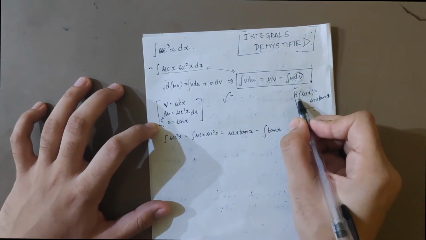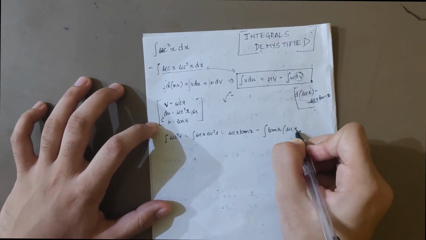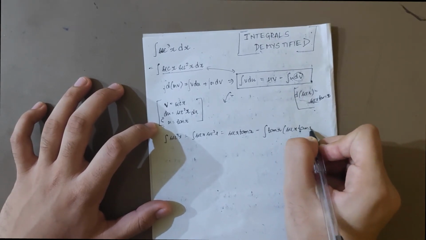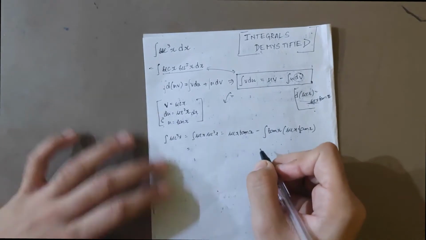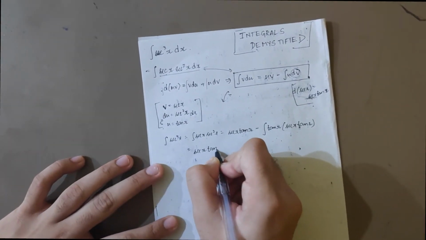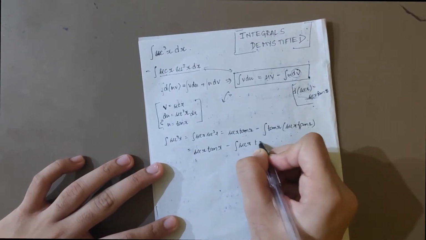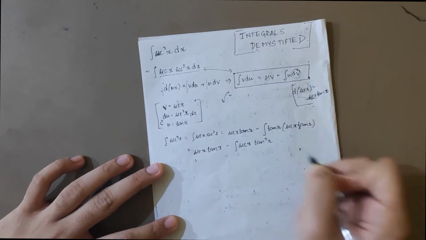And you know the derivative of secant x is secant x tan x. Integral of secant cubed x is secant x tan x minus integral secant x tan squared x.